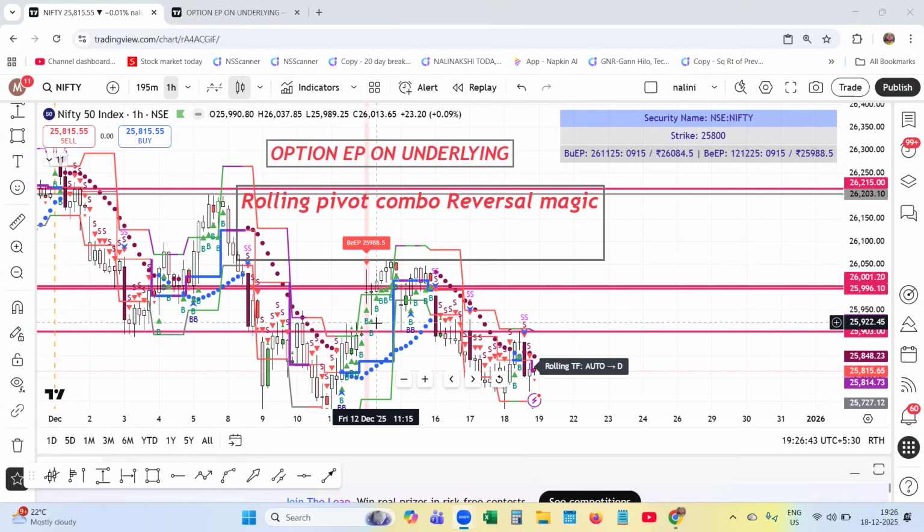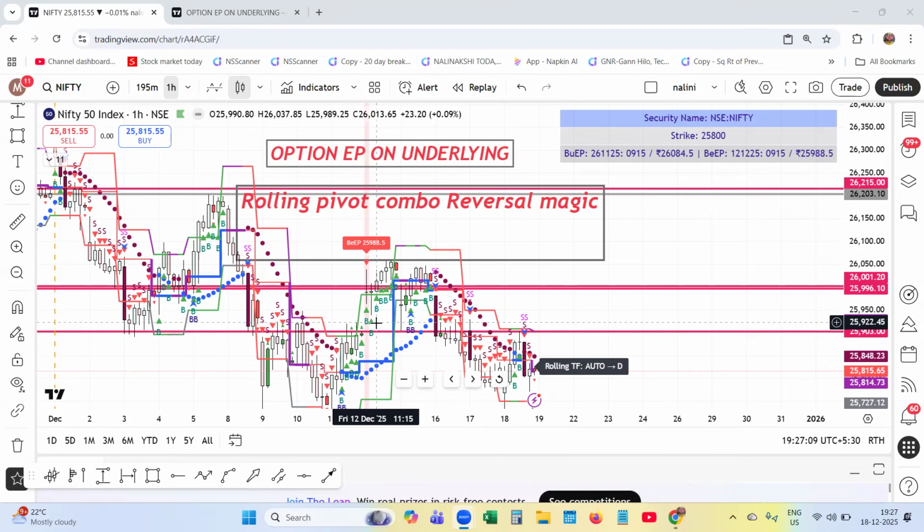Apart from that, this rolling pivot indicator has been coded taking into consideration the psychology of the traders. That's why buy signals and sell signals are coded for each and every candle. You will not be making any mistake. And the rolling pivots change their color.